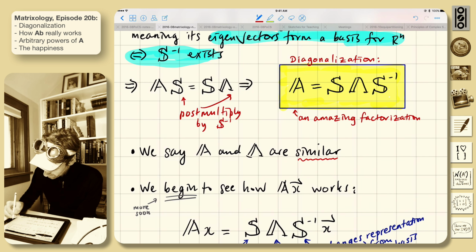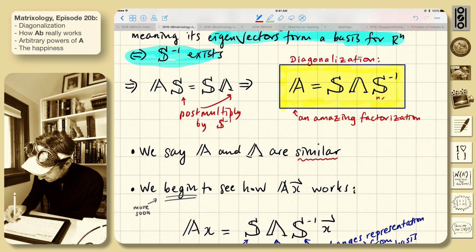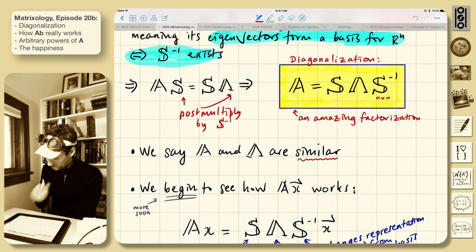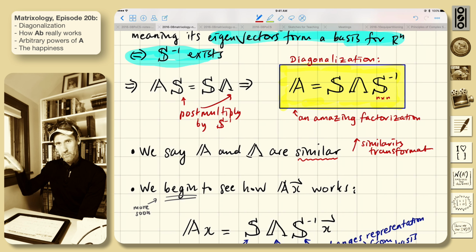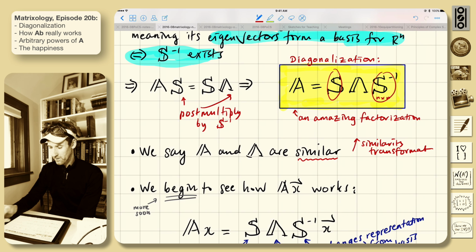All right, so, okay, this is pretty fantastic. Amazing factorization. So it's different to things we've had before. It's actually, so this is called a similarity transformation. Right, this is a similarity transformation up here. If you can connect two matrices with this kind of structure with an S and an S to the minus 1, right?